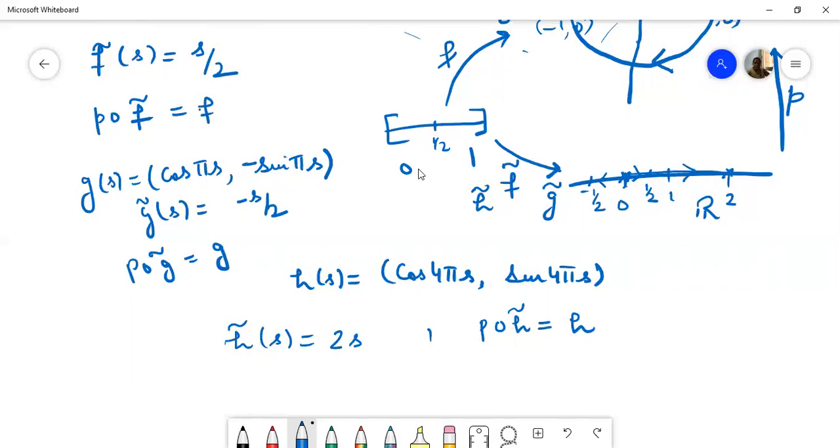So we can say that whenever P is a covering map from E to B, then liftings of paths in space B are also paths in space E.